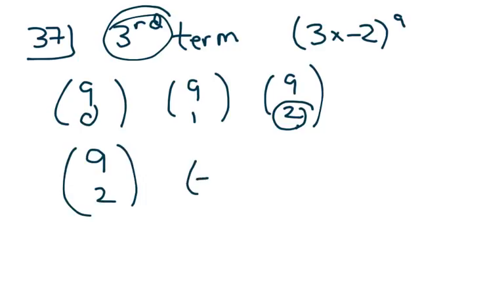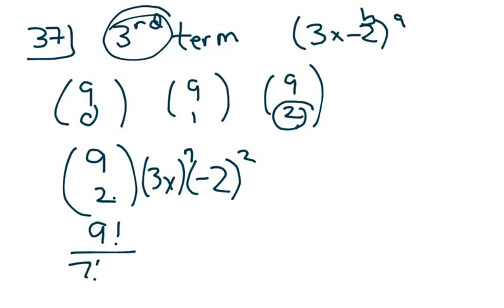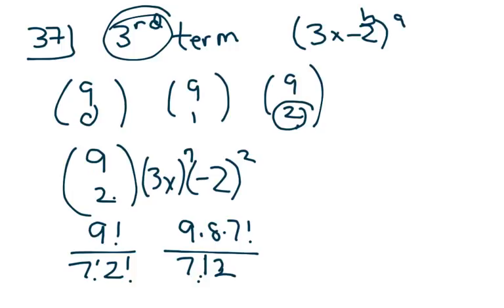The negative 2 squared goes with the 2 part. This is the b part. And the 3x is going to go to the 7th. All right? And then when you work all this out, this is 9 factorial over 7 factorial times 2 factorial, which is 9 times 8 times 7 factorial over 7 factorial 2 factorial. 2 factorial is just 2 because 2 times 1.